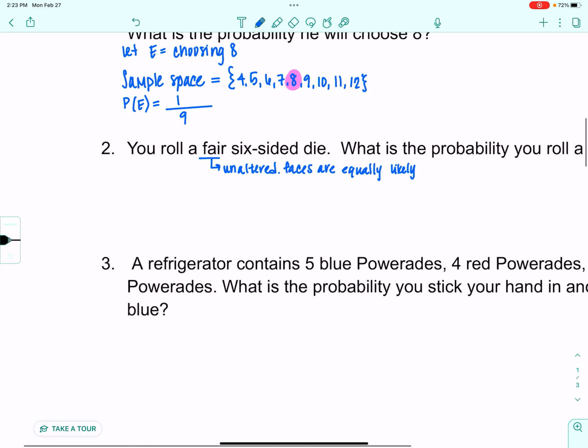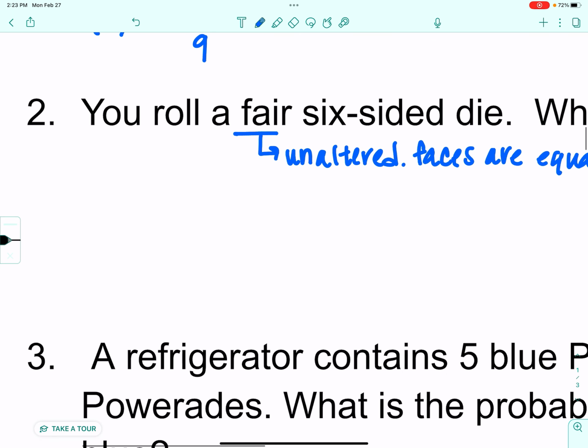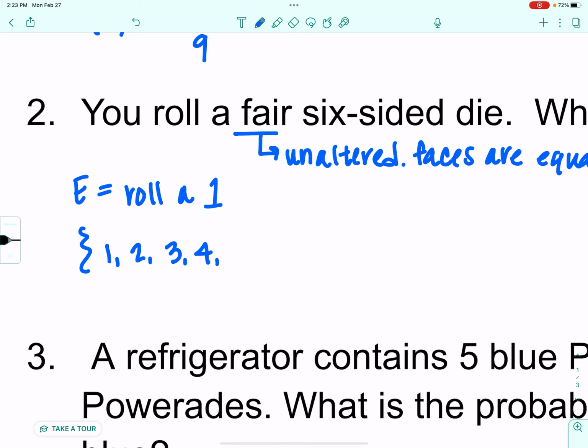What is the probability you roll a 1? So our event is going to be roll a 1. We need to get our sample space. Well, when I roll a die, I could roll a 1, a 2, a 3, a 4, a 5, or a 6.